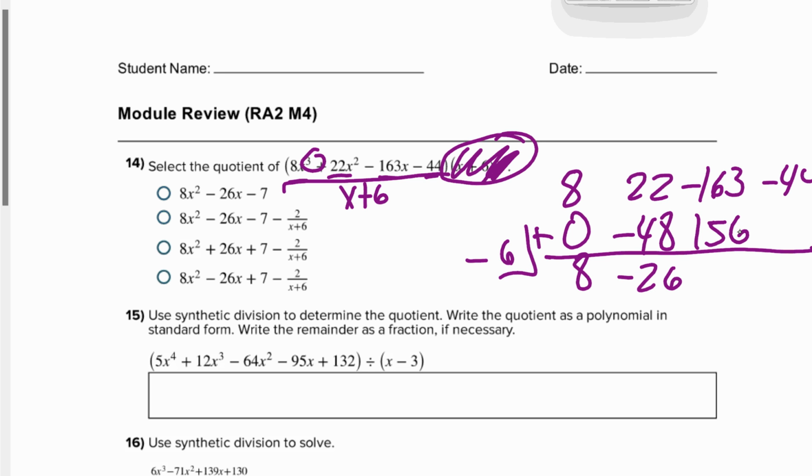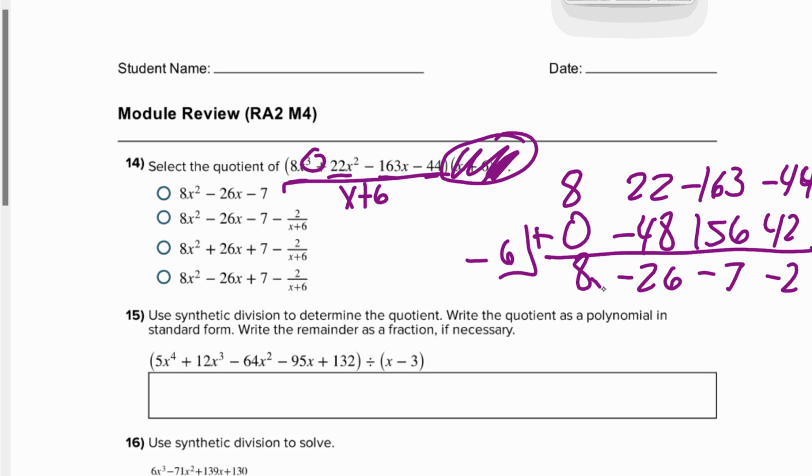So positive 156. Add that, that would be negative 7. That would be 42, and that 44, right? 44. And so that would be negative 2. So negative 2 remainder. Okay, so then we can write this.